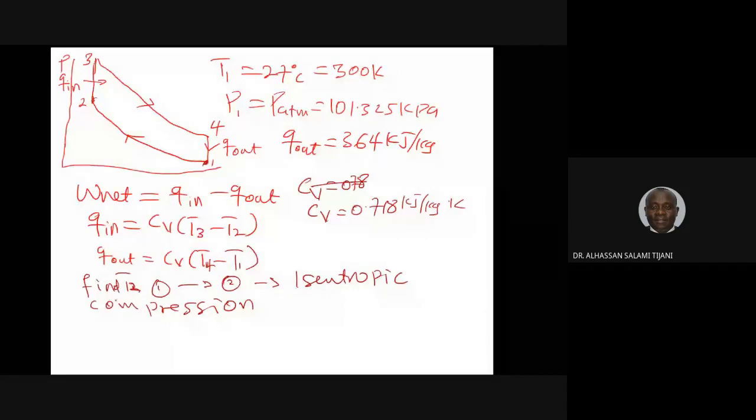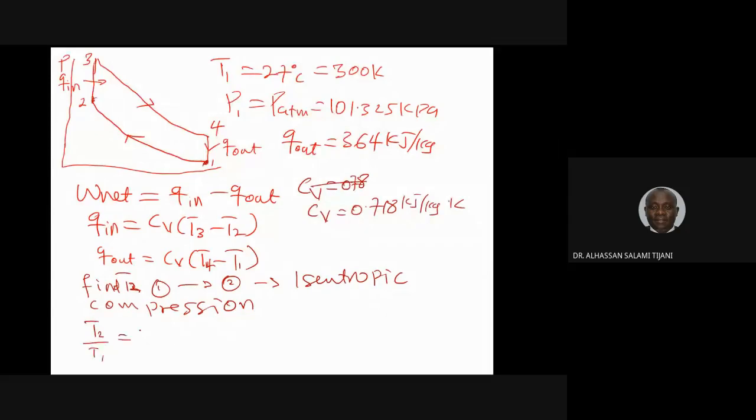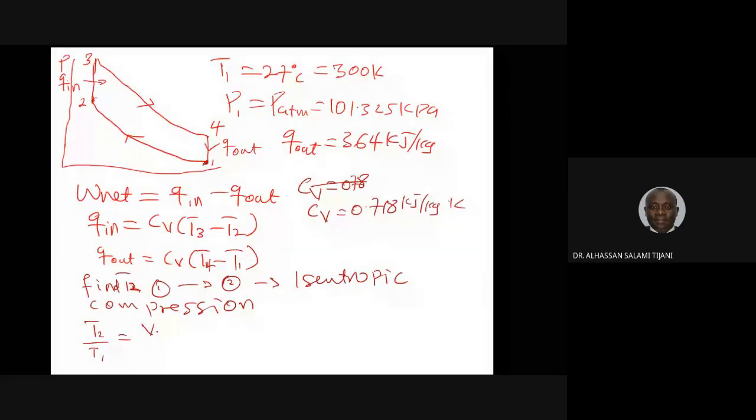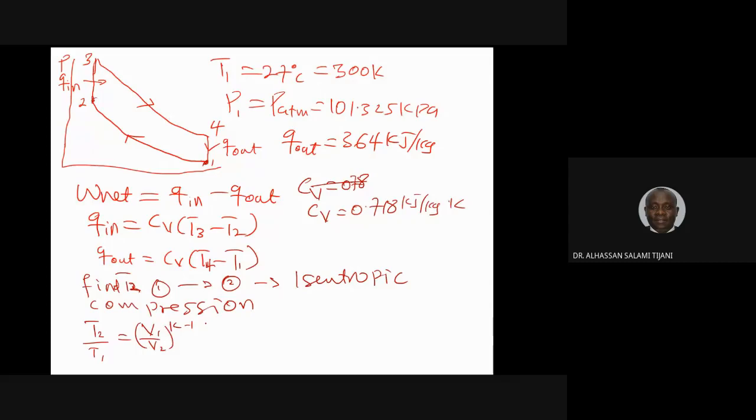We have T2 over T1 equals V1 divided by V2 raised to the power K minus 1. So then this gives me R into bracket, raised to the power K minus 1.